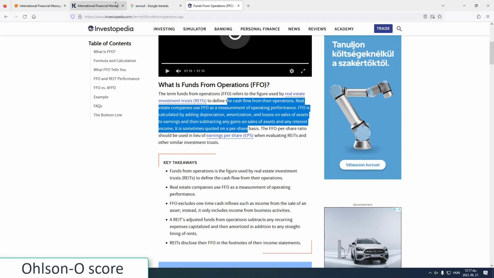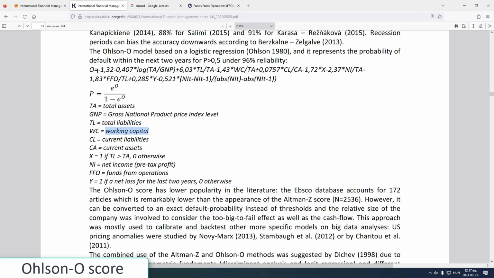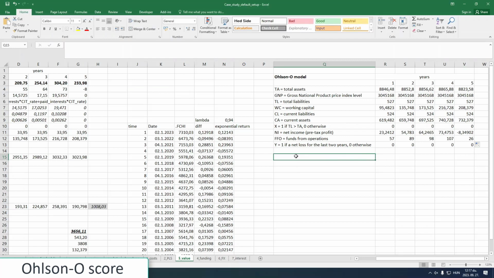Then here comes the big equation. In this case, it's much easier to still generate the subcomponents. So let's say that we need this one.